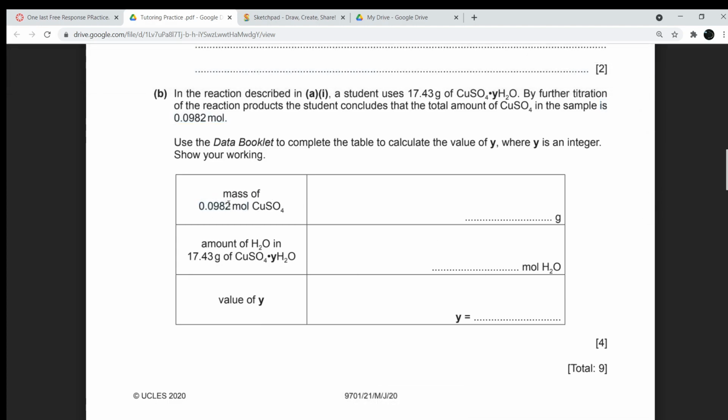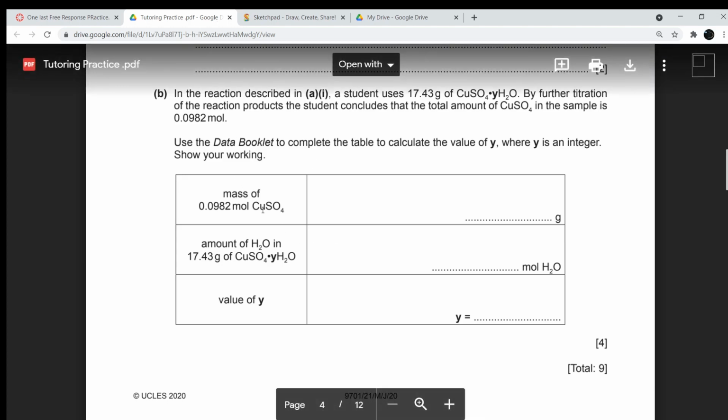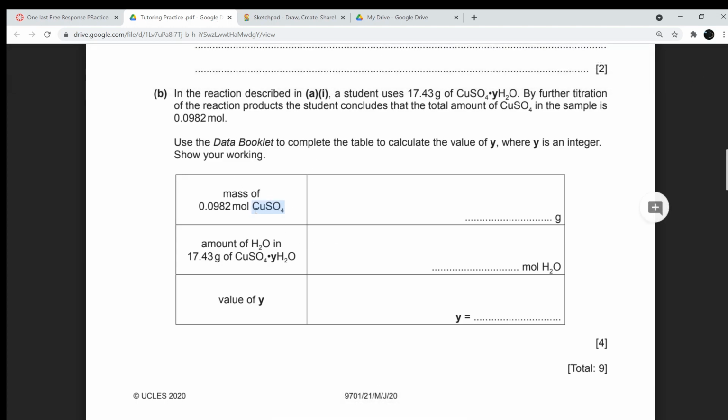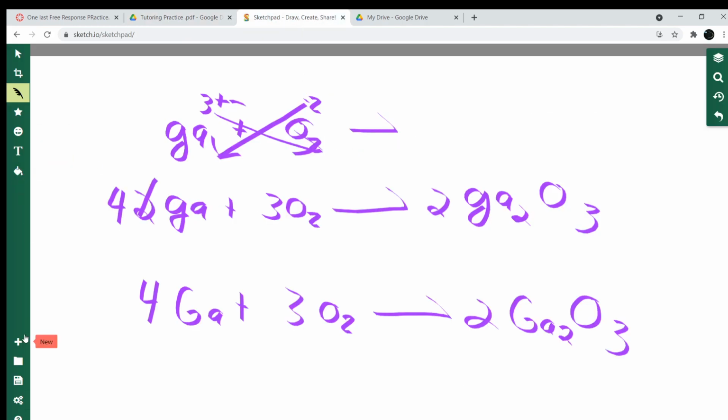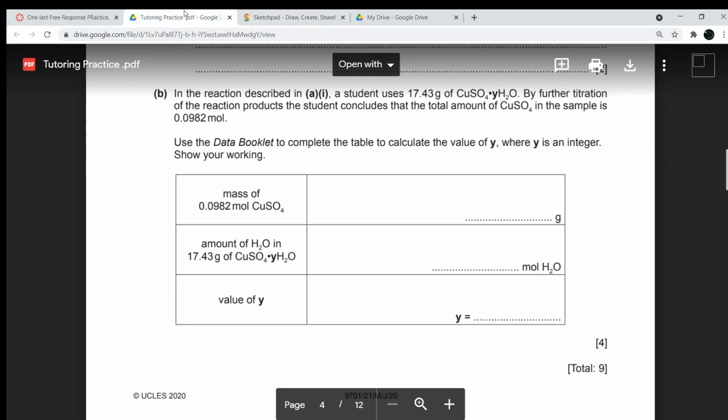And some of this is easy. The first one is the mass of this many moles of copper sulfate. You guys have that in the bank. You just have to figure out the molar mass of copper sulfate and multiply. Easy peasy lemon squeezy. So we're going to take 0.982 moles of CuSO4.